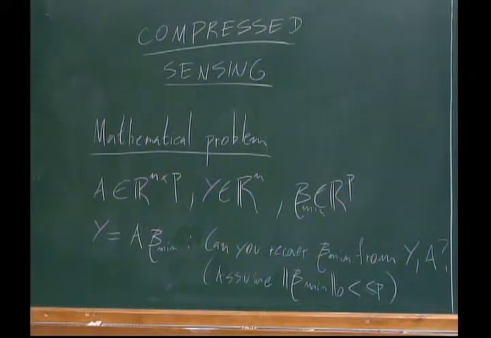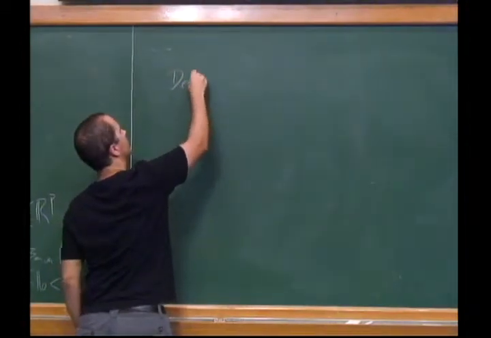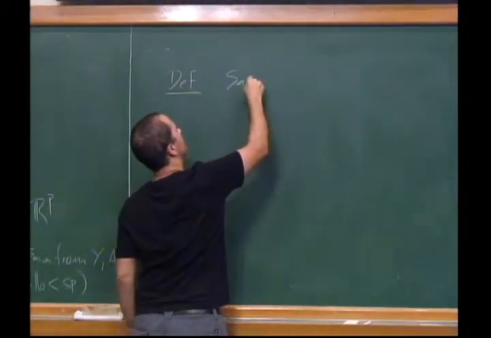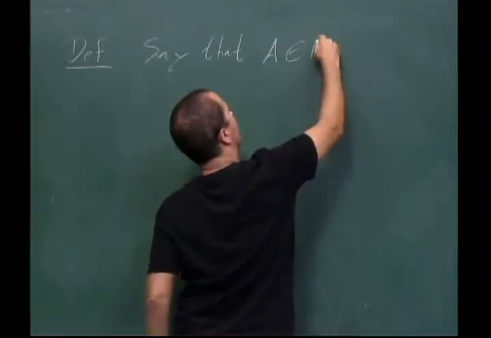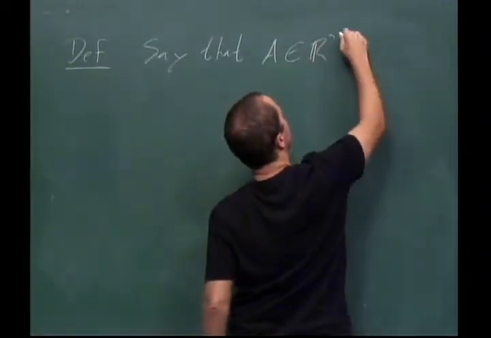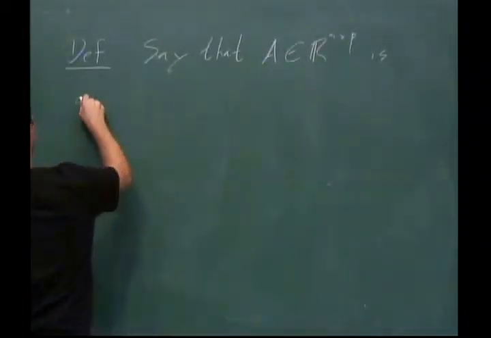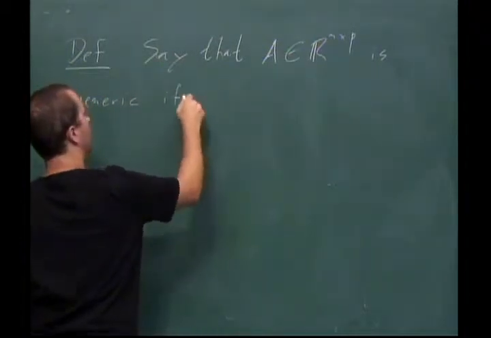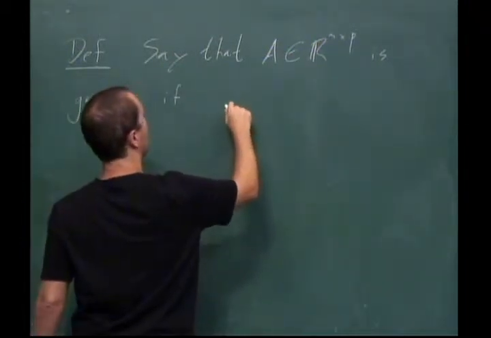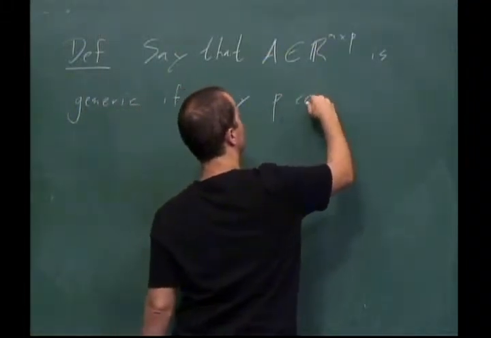And let's consider this. Definition: say that A is generic if any n columns of A are linearly independent.